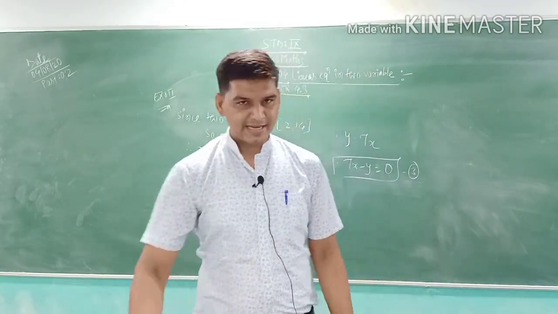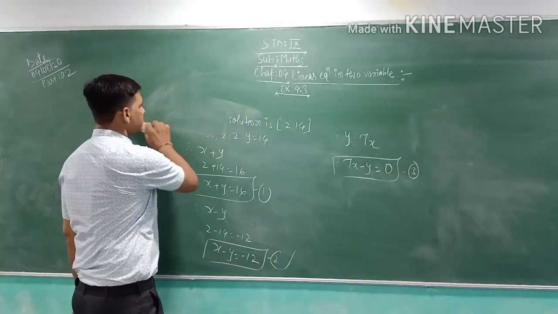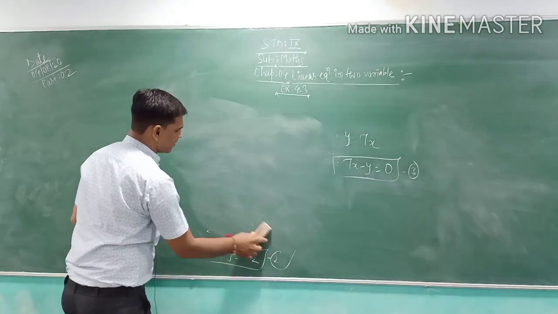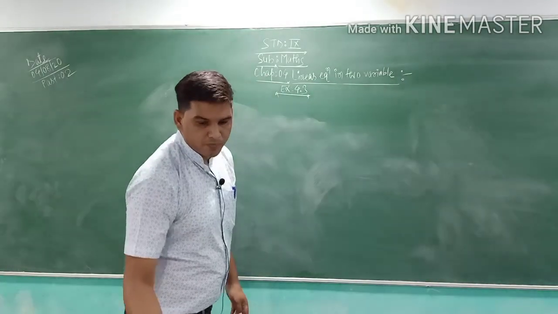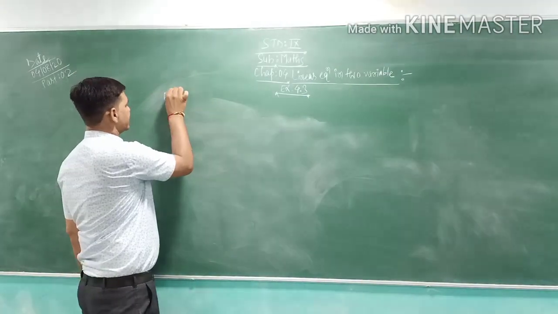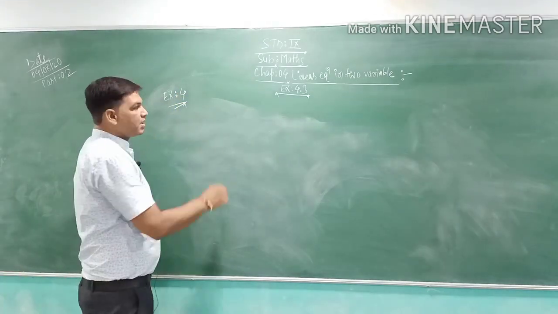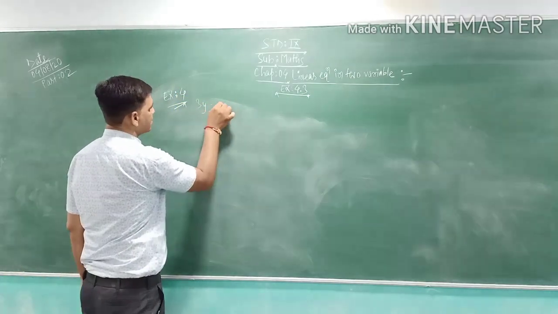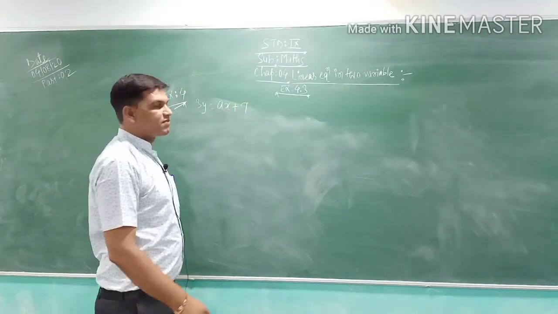Now we'll move on to the next question, question number 4 in your exercise 4.3. 3y is equal to ax plus 7. Then find a.